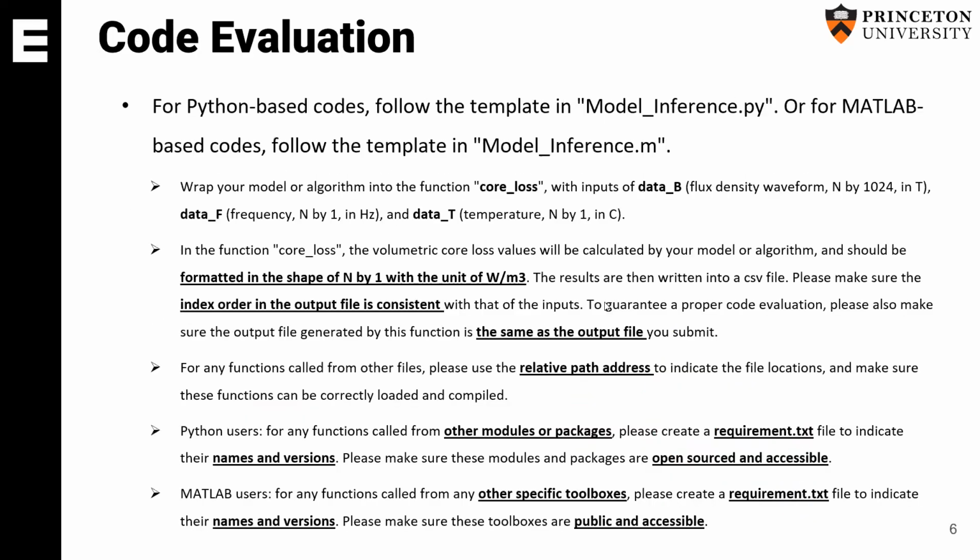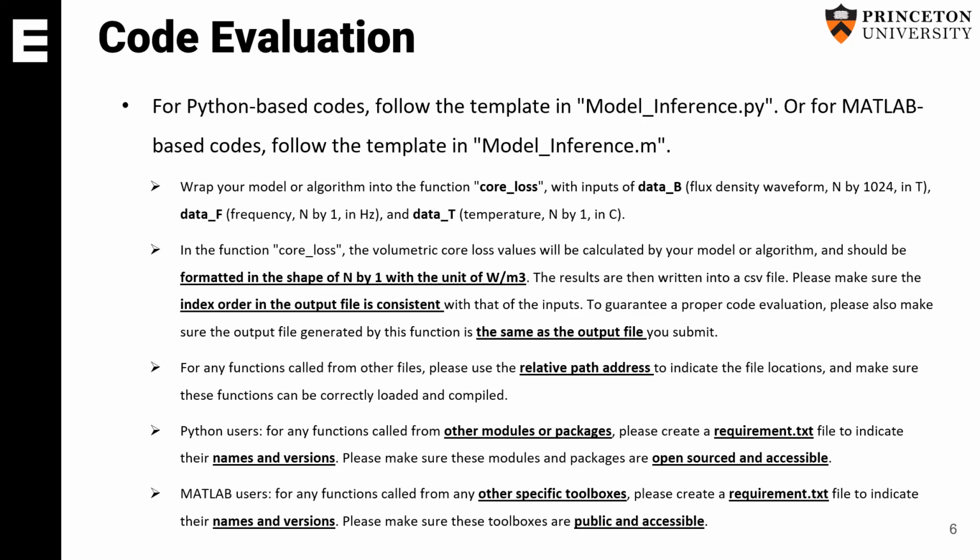So for this, in the end, we're gonna do a code evaluation. Here are some more detailed instructions on how to put your code into it. We have created some templates for both Python-based code and MATLAB-based code. You can find these two files in the model subfolders.